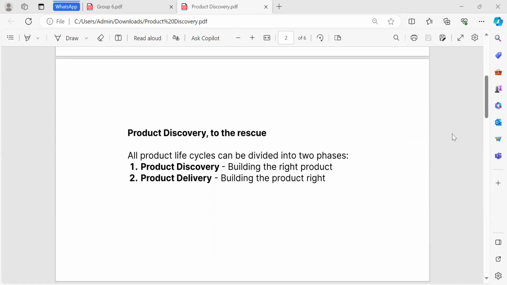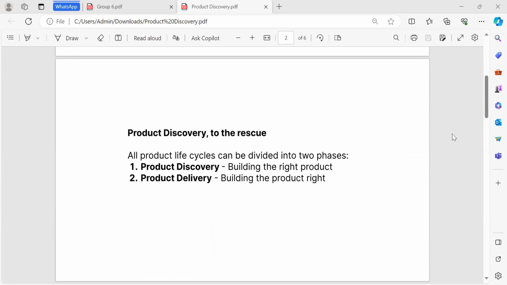The answer we will soon get, what could have gone wrong. Product discovery and product delivery are two different stages of a product. Product discovery is building the right product, and product delivery is building the product right. So what's the difference between these two actually?